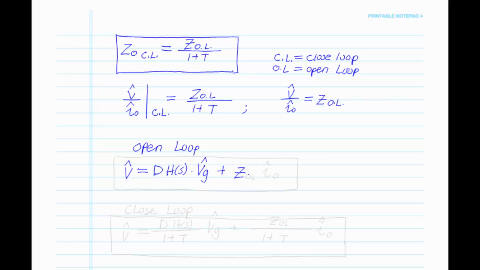And our closed loop is going to be D, H of S divided by 1 plus T, VG hat, plus ZOL divided by 1 plus T, IO hat. And so these are our expressions.